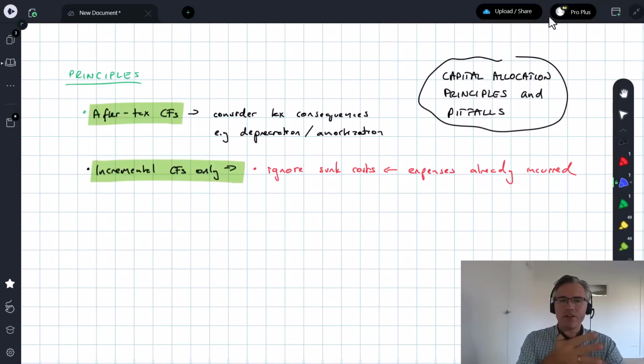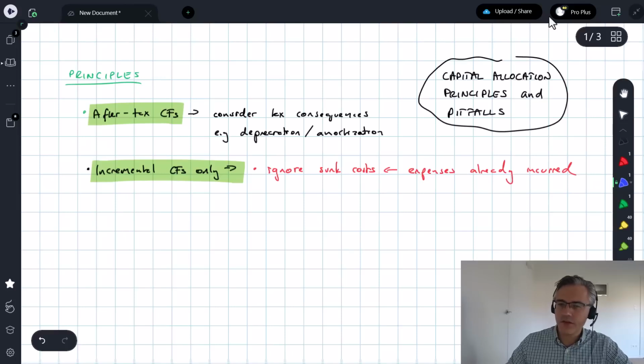And a typical sunk cost is if you've done already some, let's say, market research or feasibility studies, and obviously paid money for them. Don't include that in your further incremental cash flow analysis. It's not an incremental cash flow.